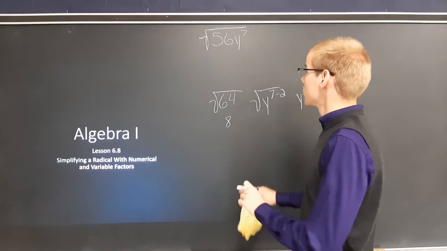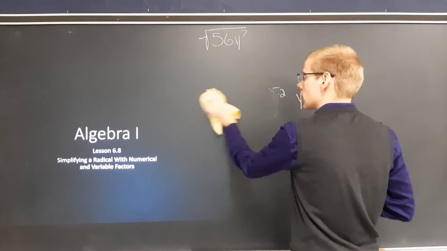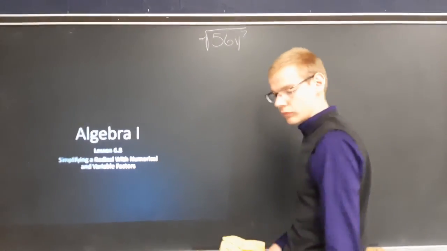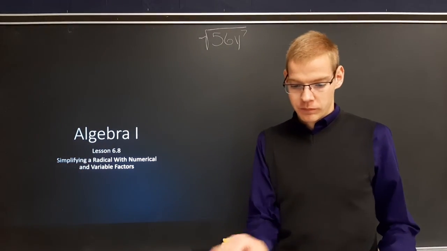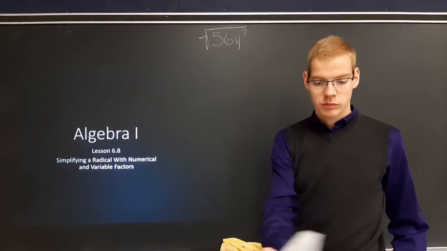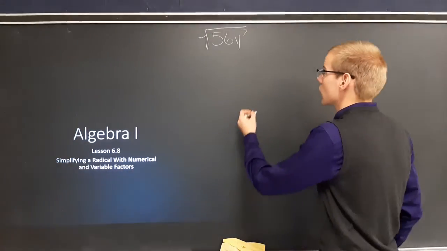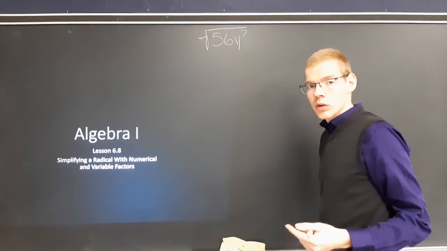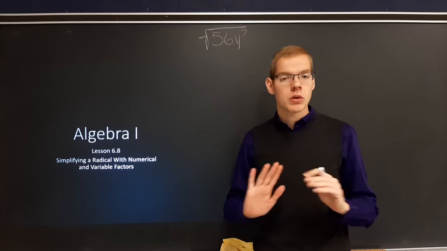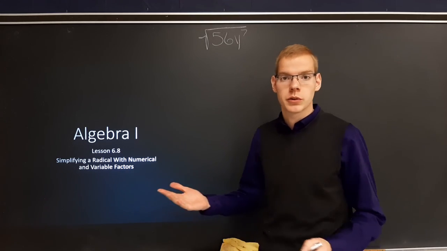So let's do number 1. Number 1 is already done for you, but I want to show you how they did it to get that number. So 56, what two numbers? If we do not want to do any guessing, no trial and error, this is how you do it.